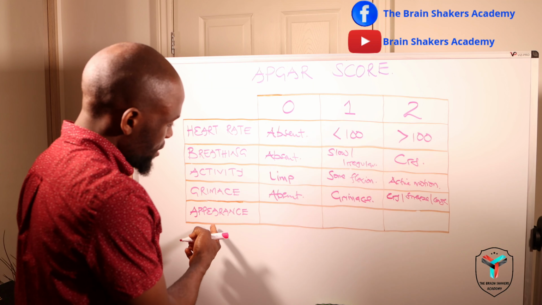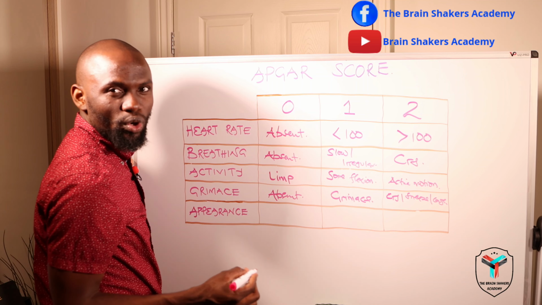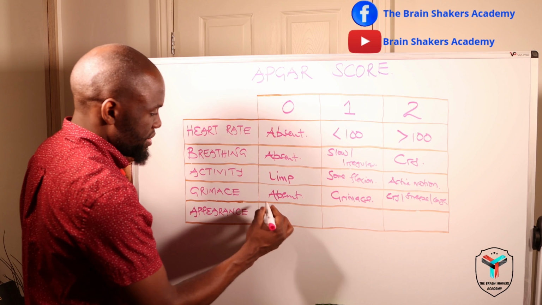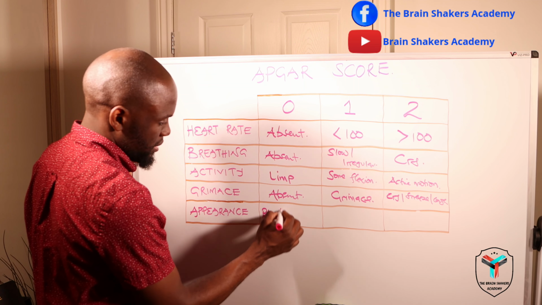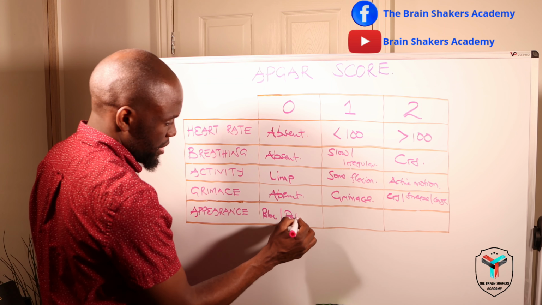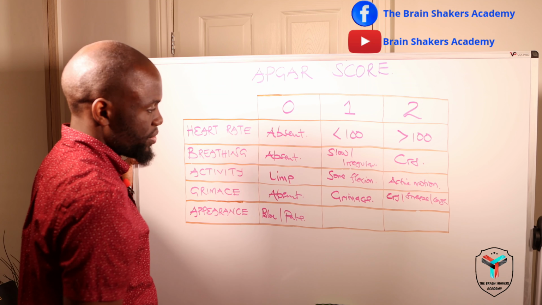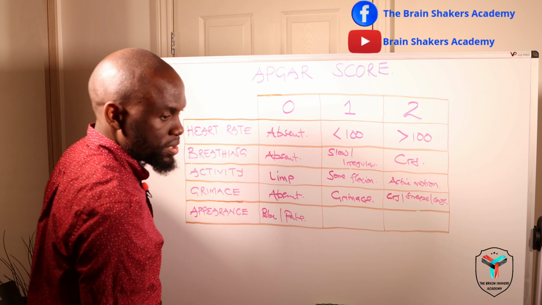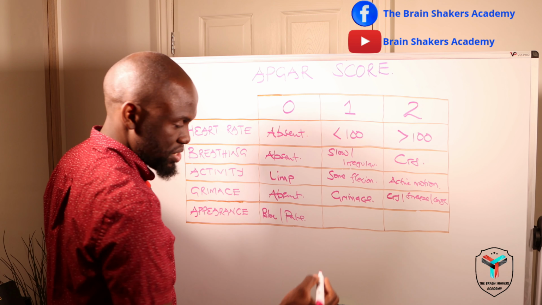Now, when it comes to appearance here, if they come out completely blue or they are completely pale, then you will be scoring that baby a 0. So completely blue, or the baby appears all pale, then they will score a 0. But if they are acrocyanotic, that means that the body is pink and they have blue extremities.